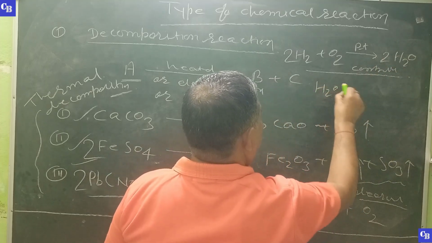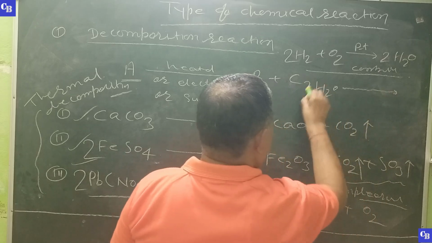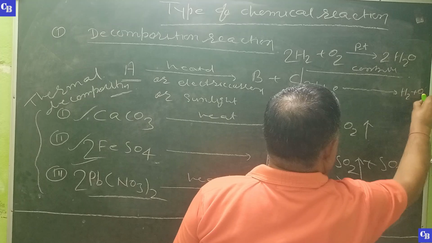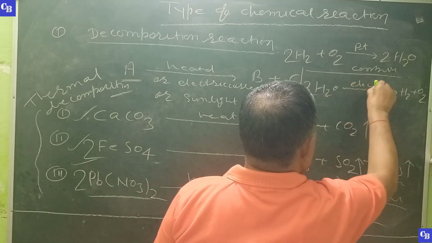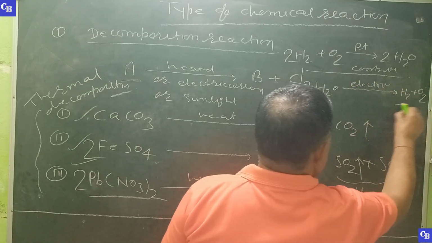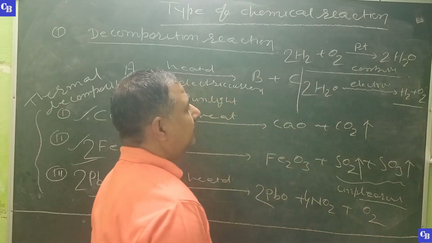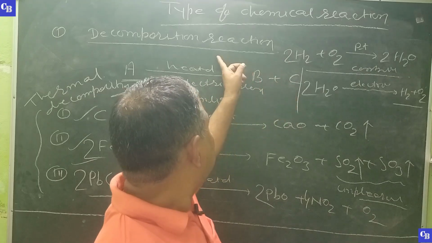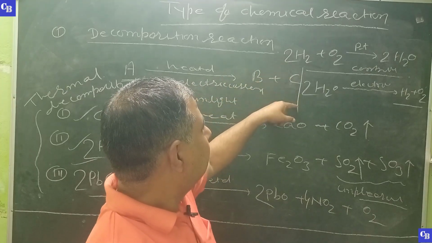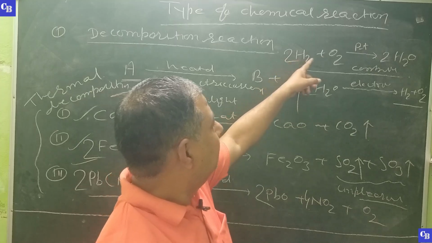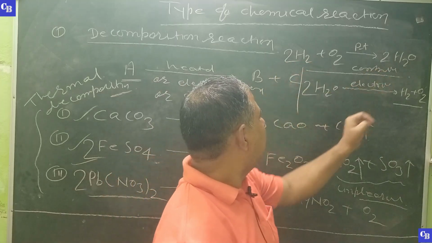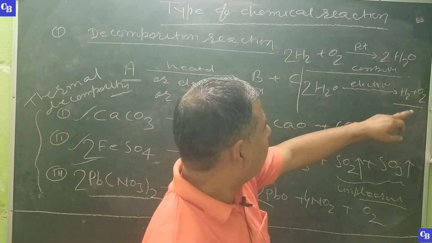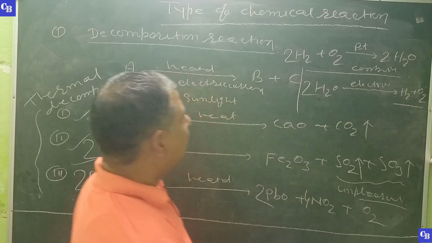But when H2O is decomposed into hydrogen and oxygen by passing electric current, this is a decomposition reaction. In combination reaction, hydrogen and oxygen combine to form water, but in decomposition reaction, water is decomposed into hydrogen and oxygen by passing electricity.